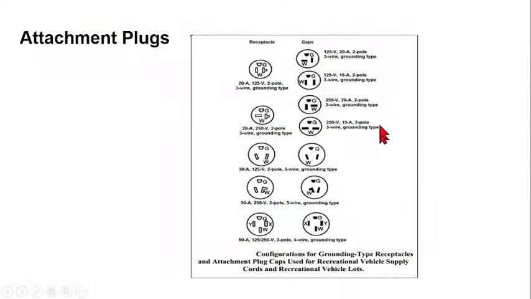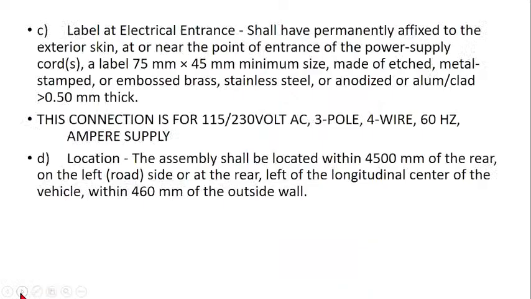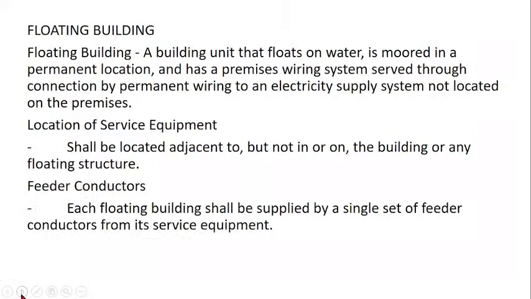So ito yung mga attachment plug na pwede, no? The configuration. So tapos may label siya. So the connection is for yung voltage, ilang pole, ilang wire, tapos yung kanyang ampere, no? The location shall be located within 450 mm of the rear, left roadside of the rear, left of the center of the vehicle. So within 460 mm from the outside wall.